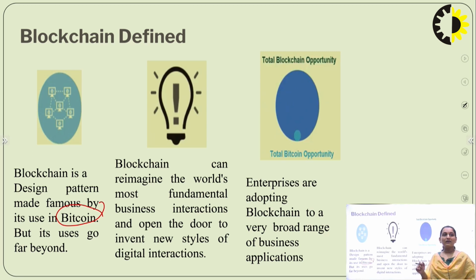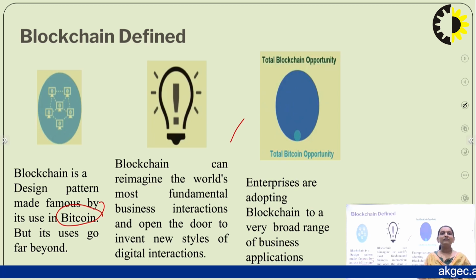The idea behind it is that blockchain can reimagine the way we do business interactions and opens a door between them. When two parties are doing business, we also use blockchain. So this is not only the Bitcoin format.